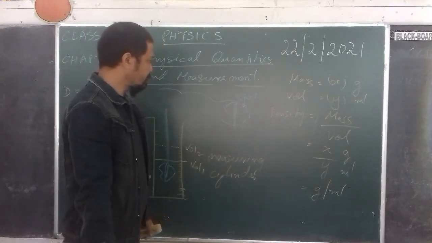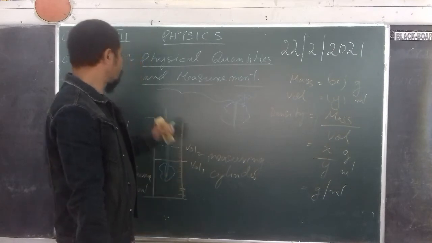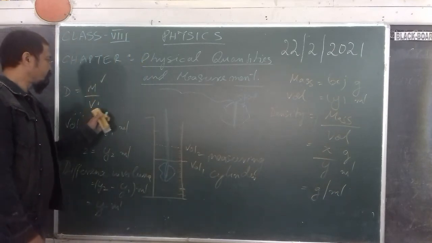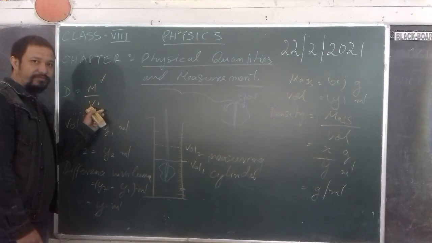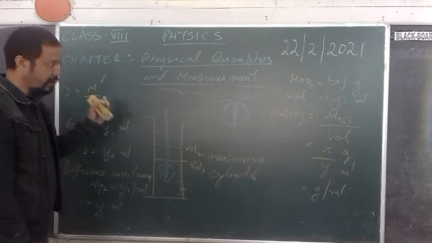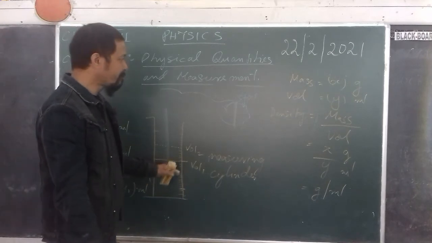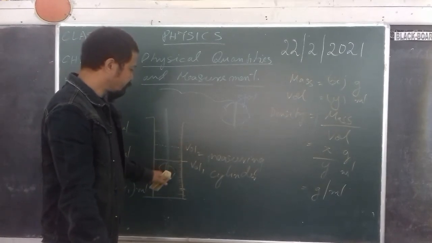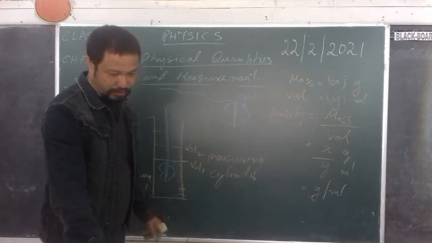So basically the concept is, to find the density of something, you need to know the mass and the volume. If you know both, you can directly calculate it. But if you have an irregular solid, you can always use a measuring cylinder, and I showed you the method to do it.